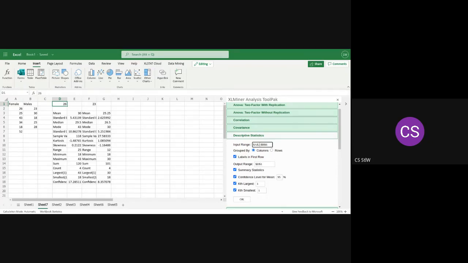So let me just try something. Up to A, sorry, A7, and then comma from a dollar sign B $2 up to $B $ again B6.